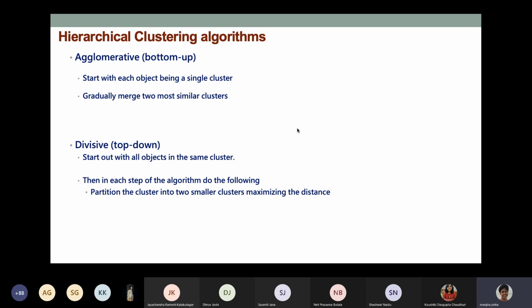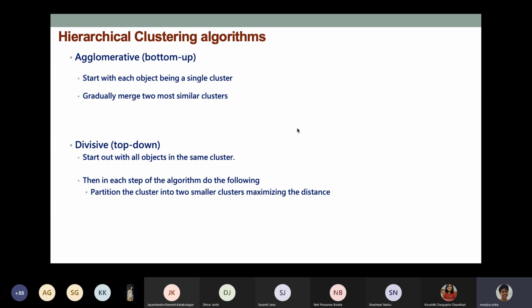So there are two types of hierarchical graph clustering. As the name suggests, hierarchical, that means we go either from bottom to up or top to bottom, like a hierarchy. If we go from bottom up, that is called agglomerative clustering. We start with each node, considering each node a single cluster on itself.